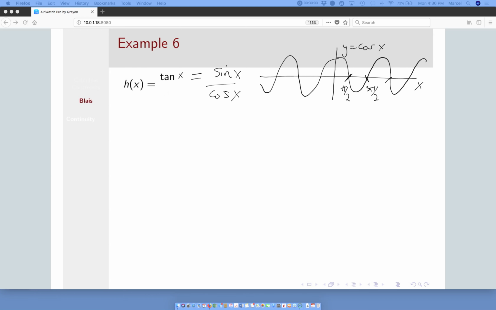Here we have 5 pi over 2. Over here, we have minus pi over 2, minus 3 pi over 2. So at each one of these points, these x values, cosine has a root.